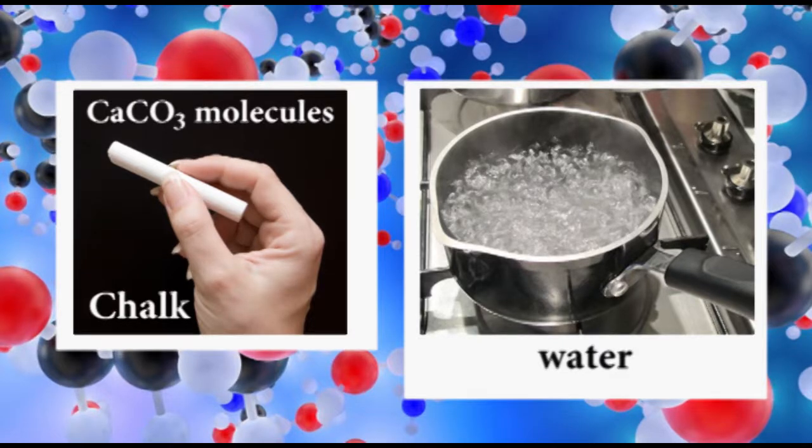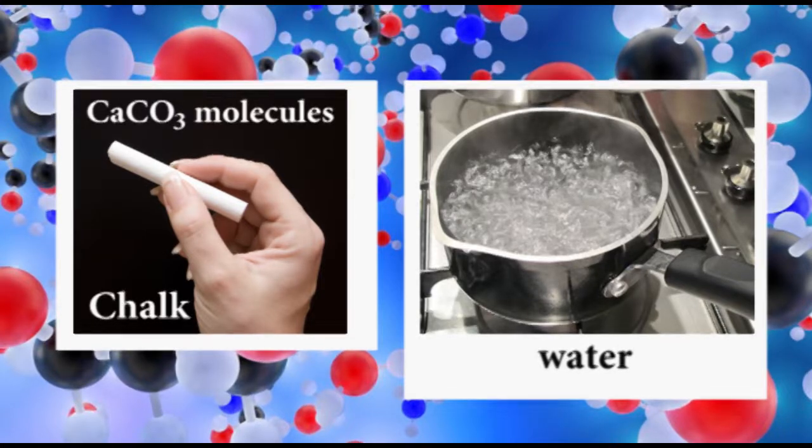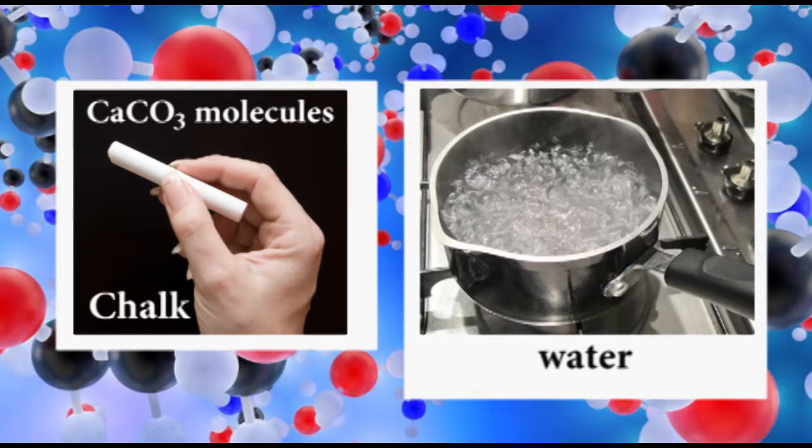Now, these are all happening because there is a force of attraction that is holding the individual particles that consist of them. This is happening because there is a force of attraction that is holding the molecules and the atoms in these substances.